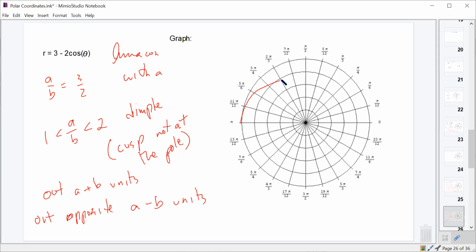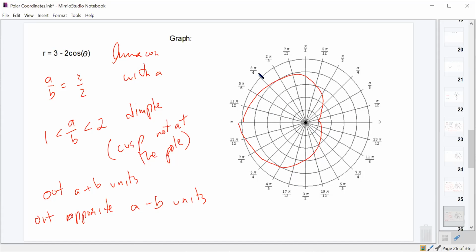5 units. It should come around, oh, that was really horrible. It should come around and have, that's really horrible too. It should have this little dimple here at 1. But it should still extend out 5 units here. So it should have this little cusp at 1.